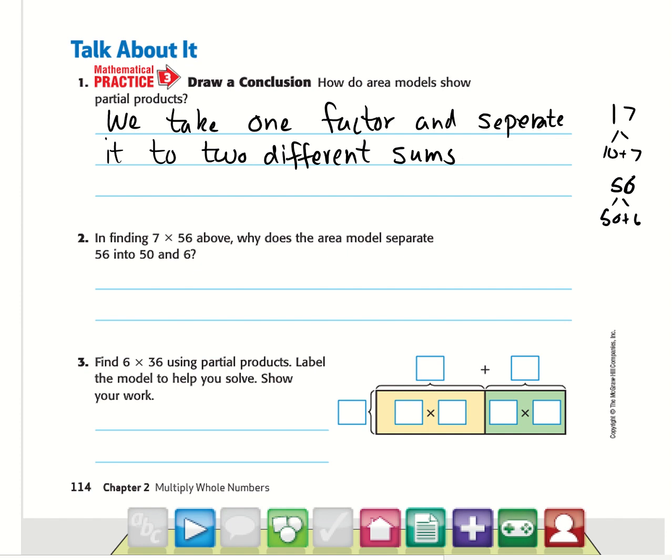We take one factor and separate it into two different sums.